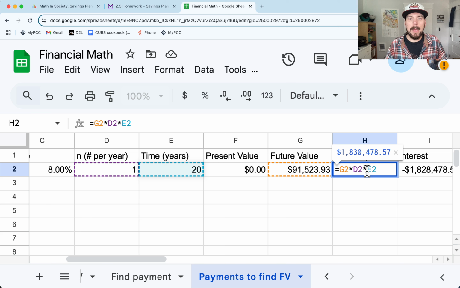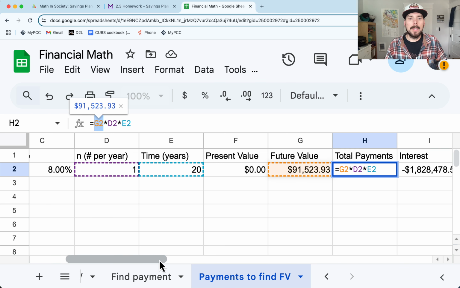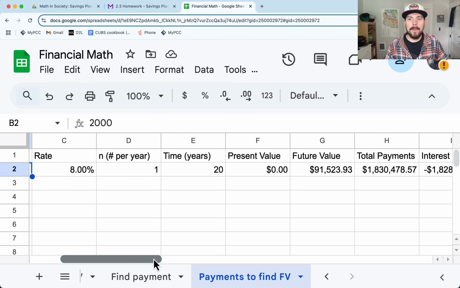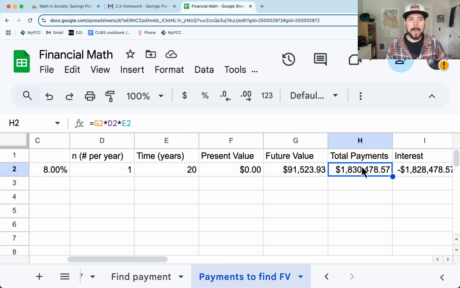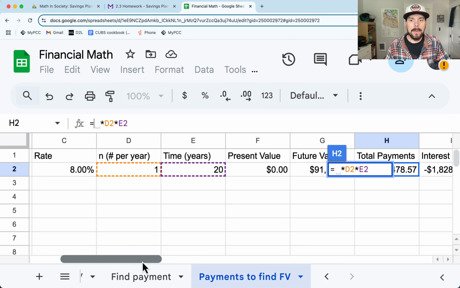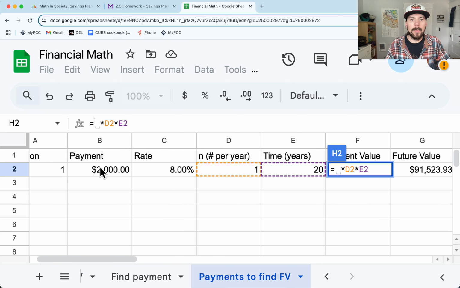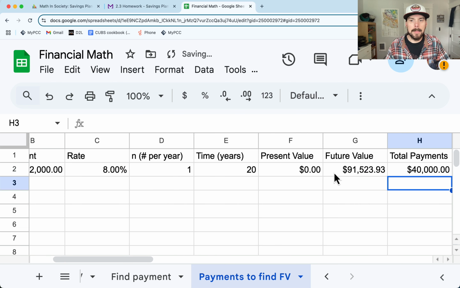I believe my payments function is not going to be right because I moved where the payment cell was. That might be an argument for not switching things around like the way I do, but everybody kind of has their own way. I like to have the outputs at the very end. So to edit this total payment cell, I'm going to multiply payment times n times t.